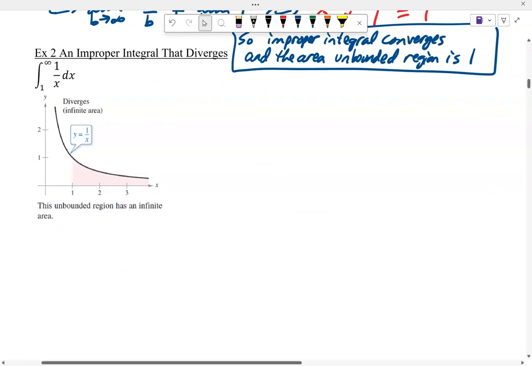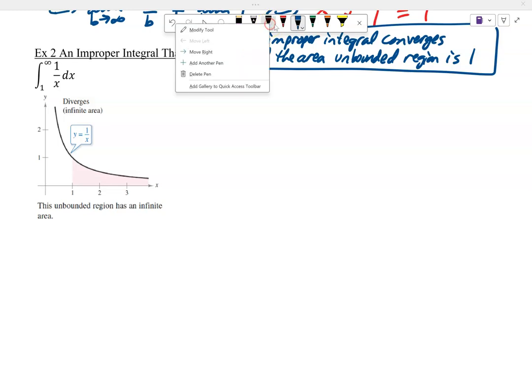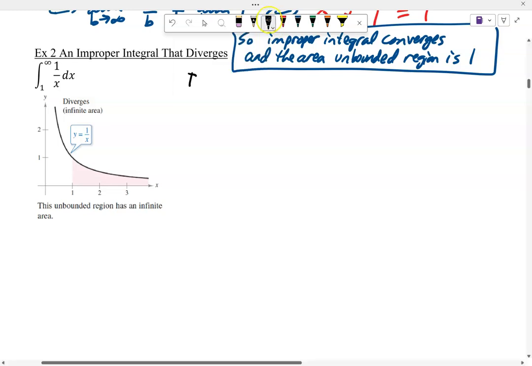We've got another 1 to infinity here, right? So we've got another type 1. All right, we've got this improper integral with an infinite limit that we're looking at. It's also a number 1. So type 1, number 1.